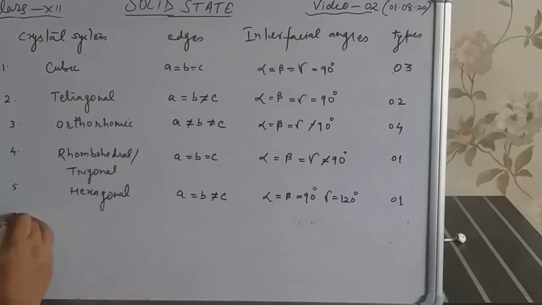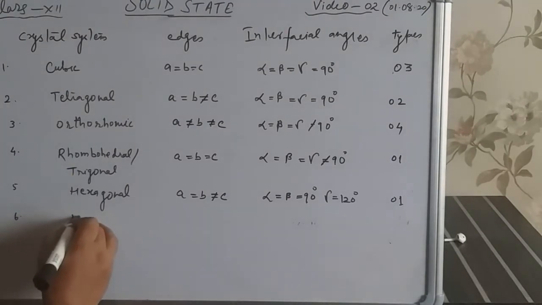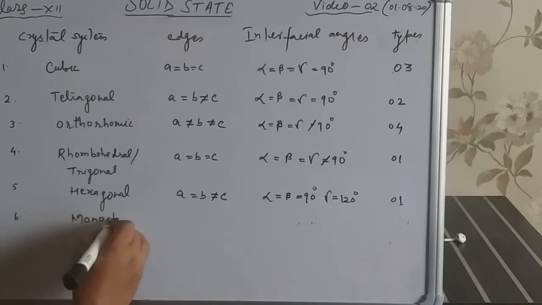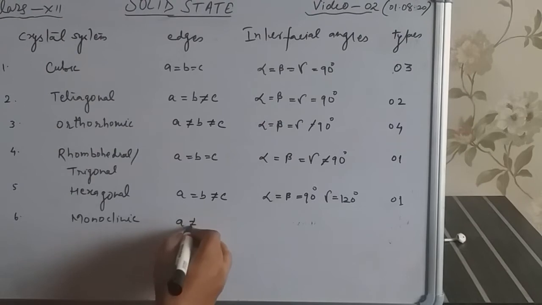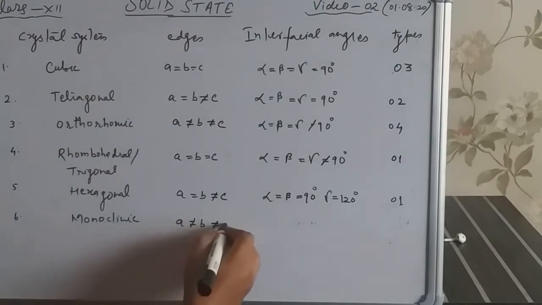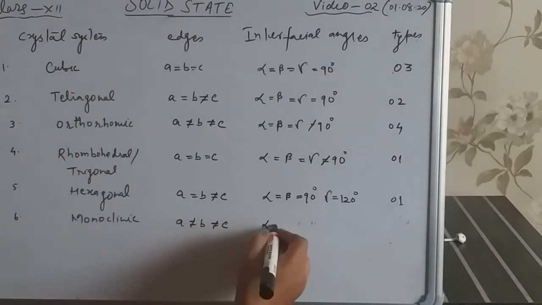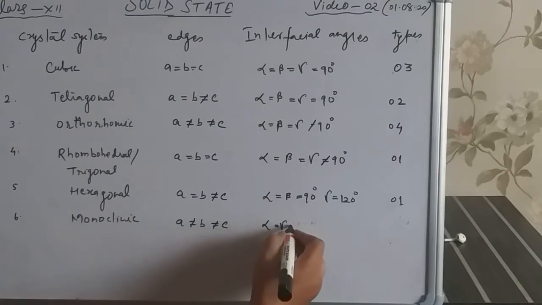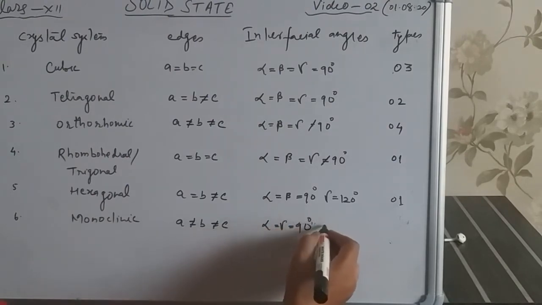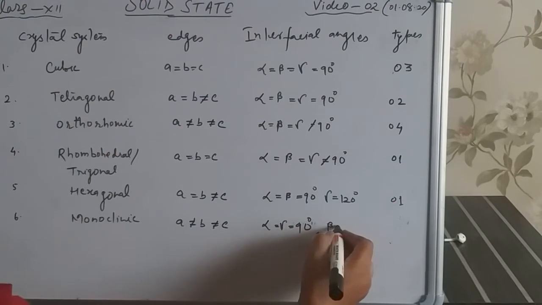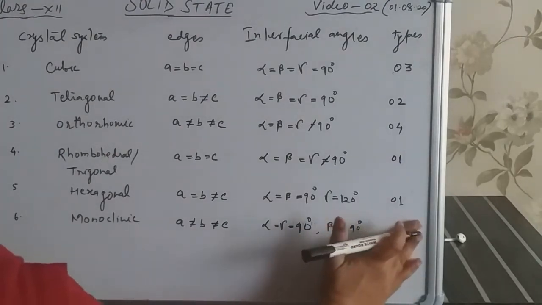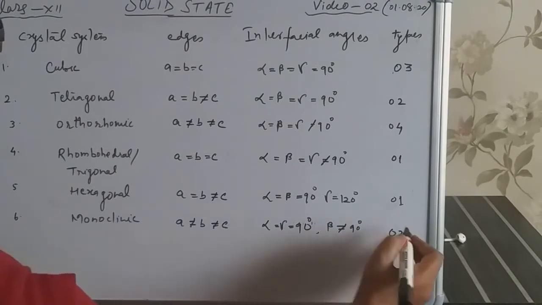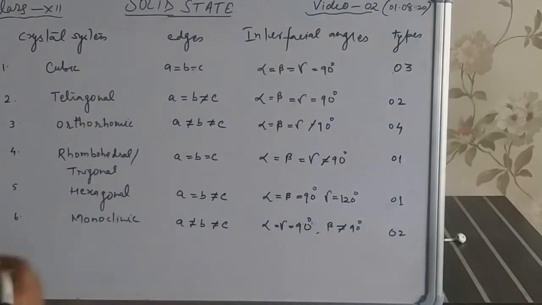The next one, number 6, is monoclinic, in which a not equal to b not equal to c, alpha equals gamma equals 90 degrees, and beta is not equal to 90 degrees, and the types of unit cell are 2. The next one is triclinic.